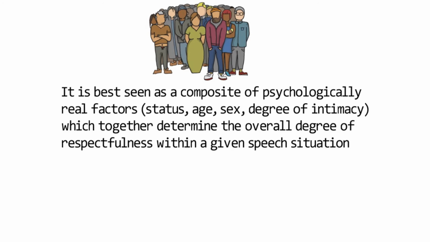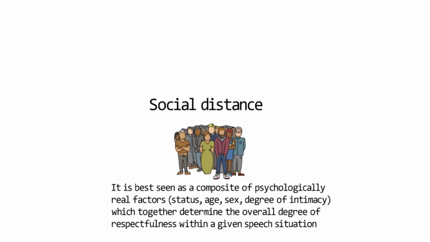In other words, if you feel close to someone because that person is related to you, or you know him or her well, or are similar in terms of age, social class, occupation, sex, or ethnicity, you feel less need to employ indirectness in, say, making a request than you would if you were making the same request of a complete stranger.